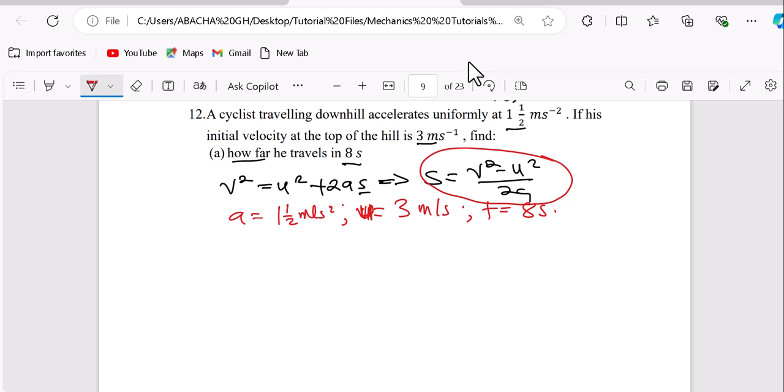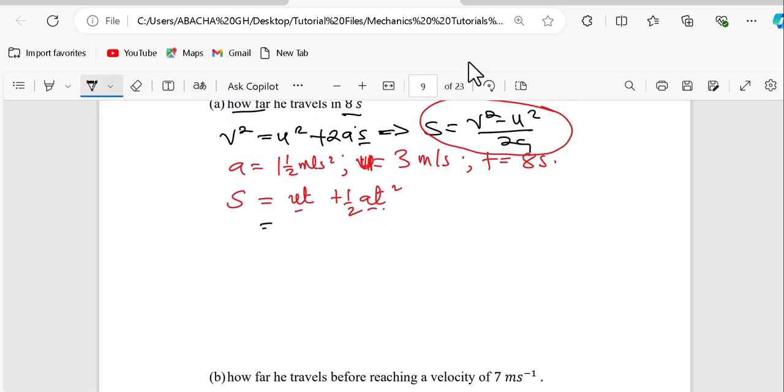Well, there is another equation, which is s equals ut plus half at squared, like this. So we know this formula too, which we can use. With this one, we have initial velocity, we have acceleration, and we have time in the question. Because of that, we can employ this one.